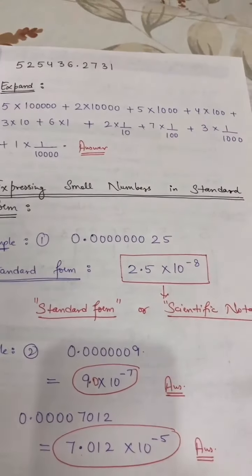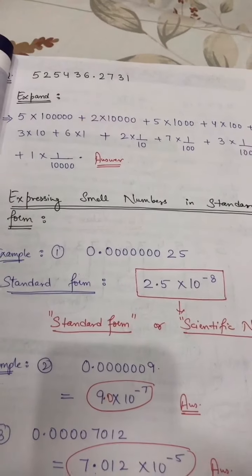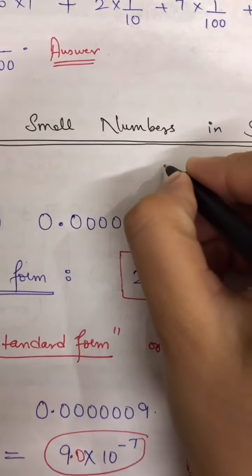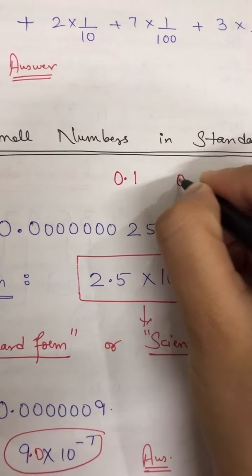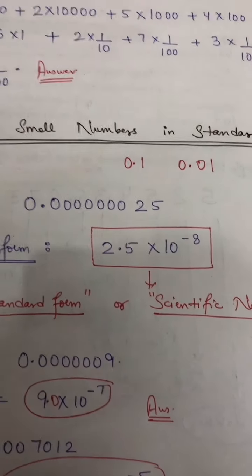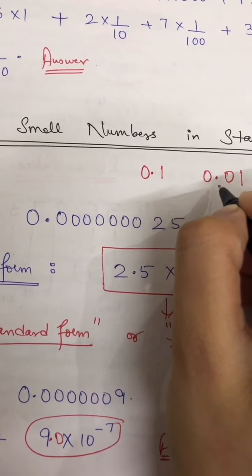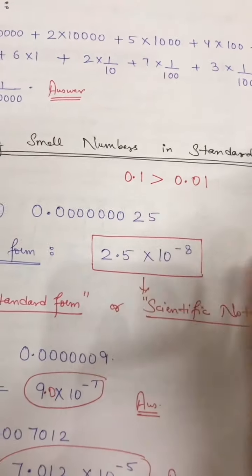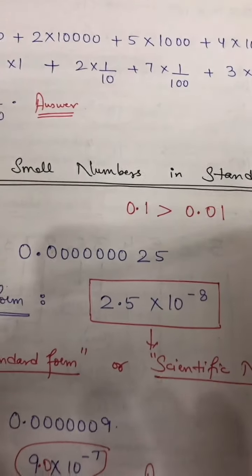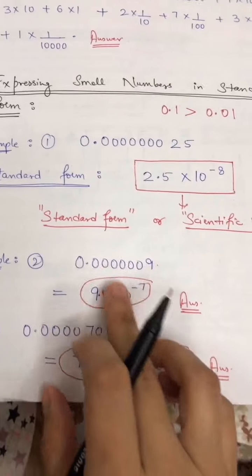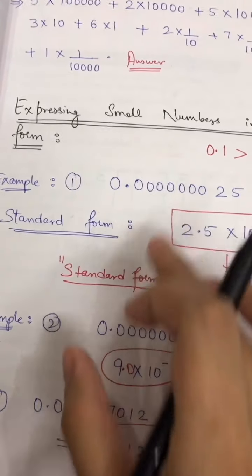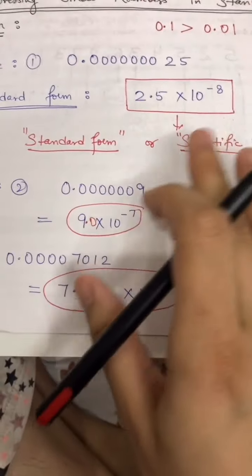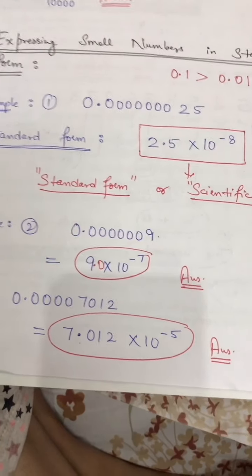If you have so many zeros after the decimal, that value will be very small. You have to express these small values in the form of scientific notation. Clear? In this way you can solve questions with standard form or scientific notation.